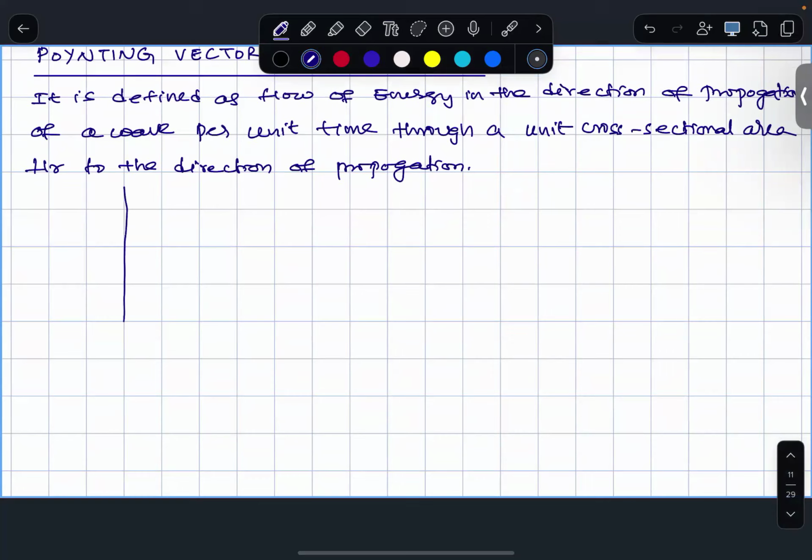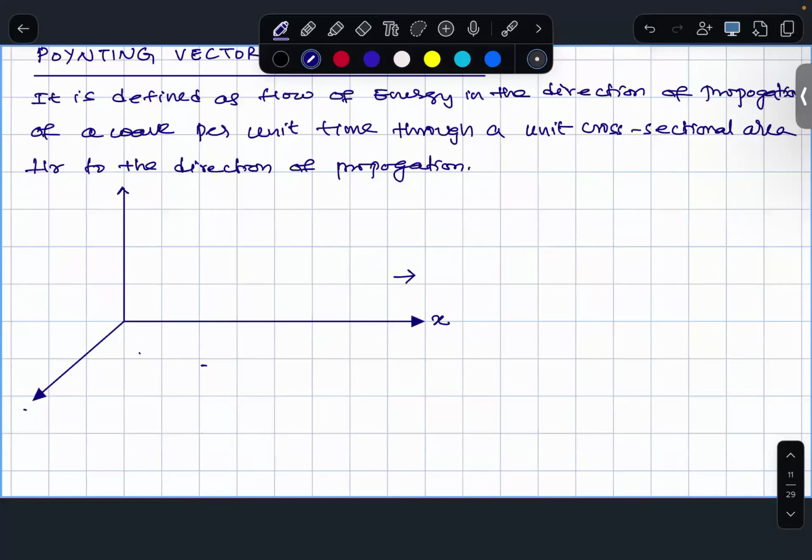Imagine a plane electromagnetic wave. Imagine a situation where light is propagating along the x-axis.